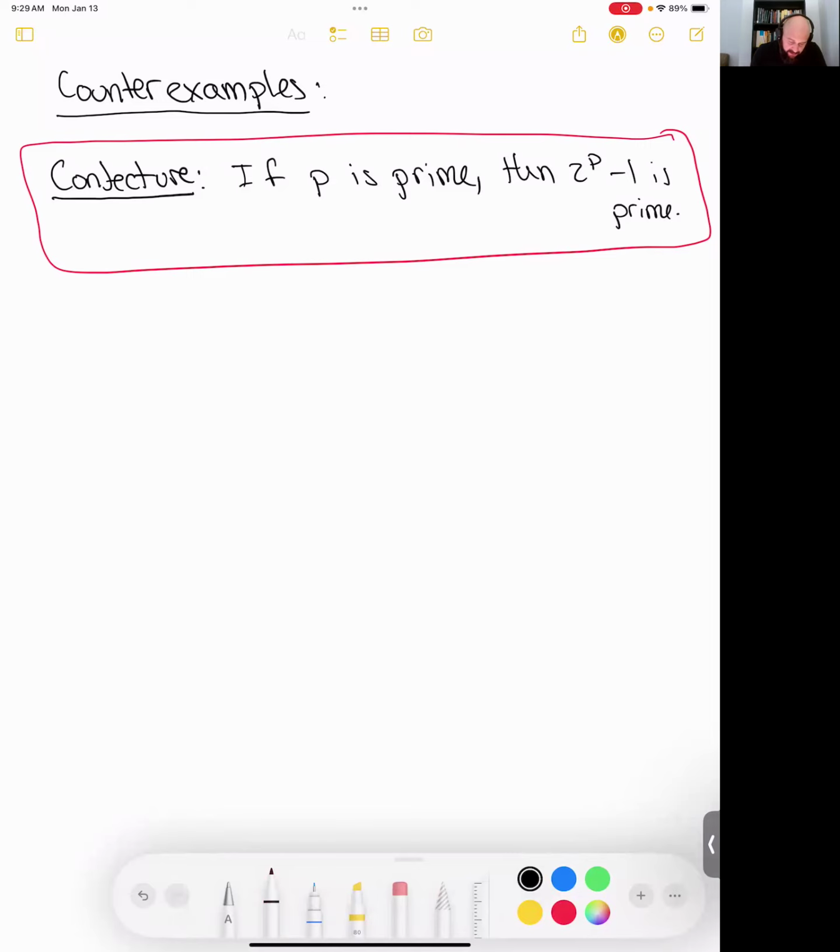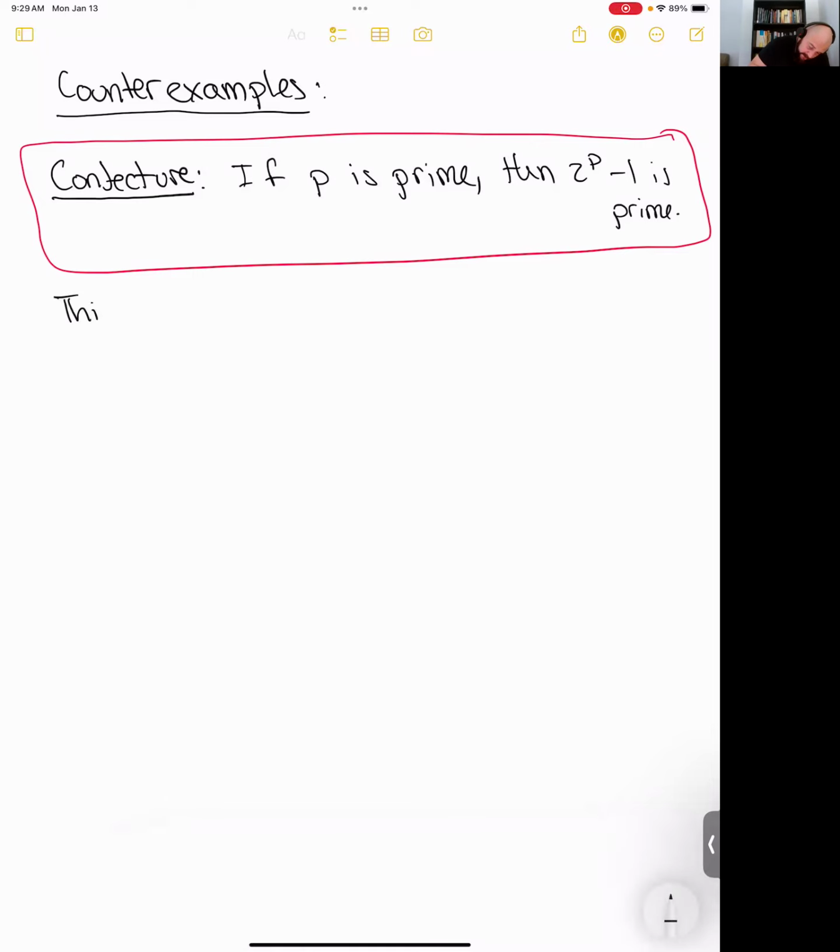And it's a statement about all prime numbers, right? So this conjecture is a statement about all prime numbers.